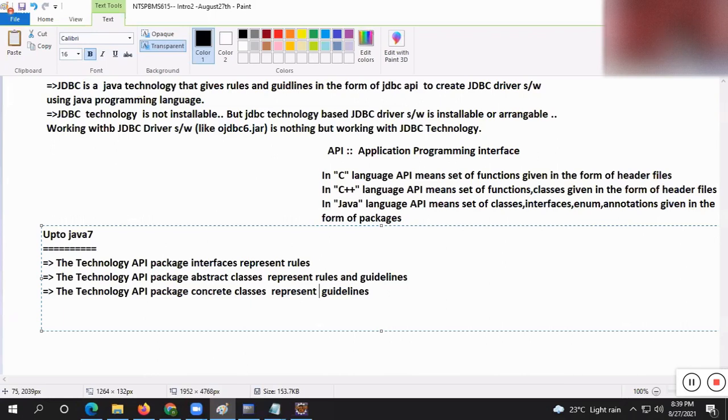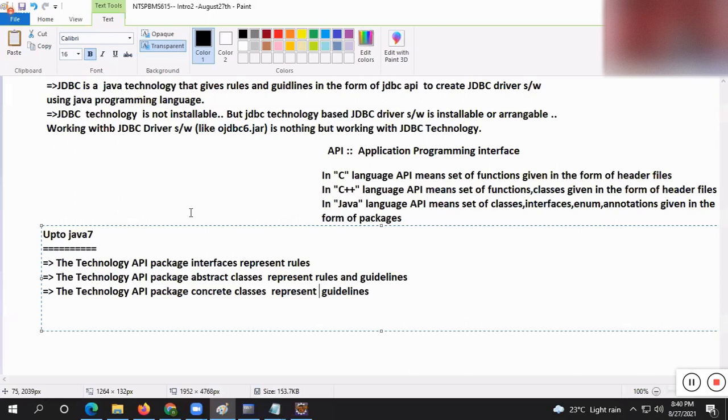Rules and guidelines. Abstract methods are rules. Concrete methods are guidelines. When I develop a class extending from a normal class, nothing but a concrete class, overriding a method or using the superclass method in the subclass method is optional. Optional means guidelines. Guidelines means suggestions.